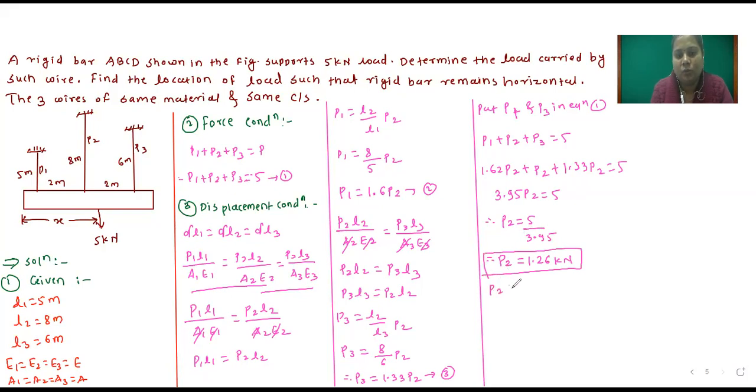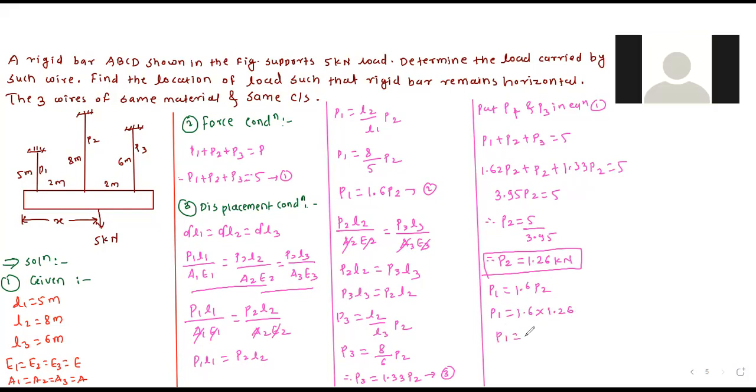Now we will put this value in equations 2 and 3. P1 is equal to 1.6 P2, so P1 is equal to 1.6 into 1.26. Therefore P1 is equal to 2.01 kilonewton.